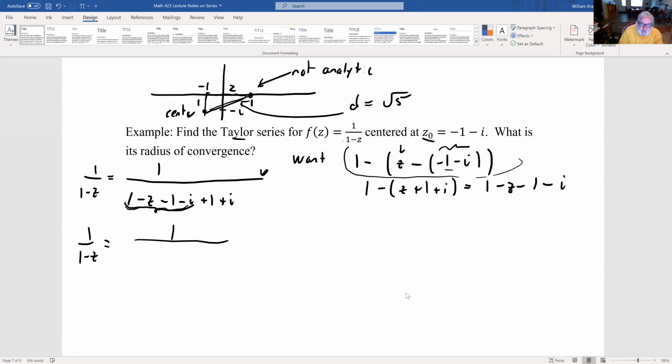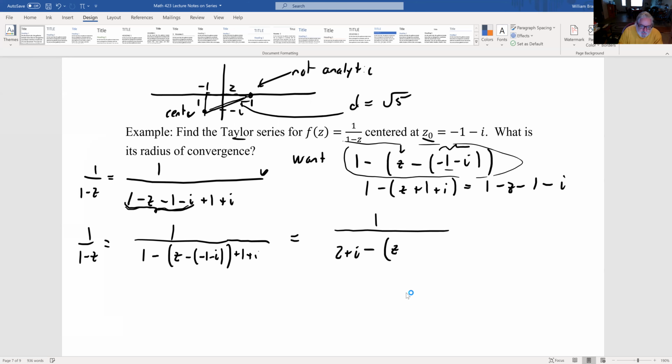So I've got 1 minus z minus the center, and then I have this plus 1 plus i floating around, so I need to deal with that. So what I really have is 1 over 2 plus i minus z minus the center.